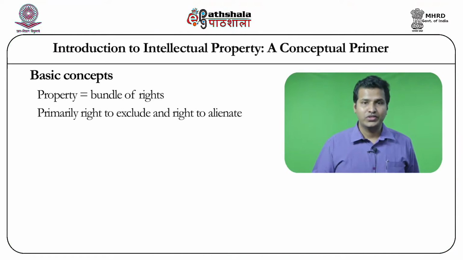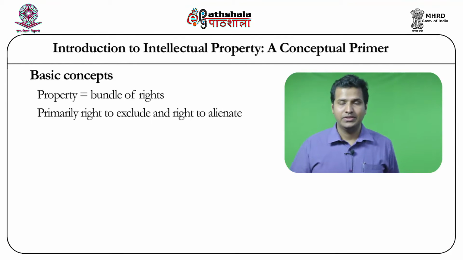So property as a bundle of rights primarily has two components: the right to exclude and the right to alienate. If you understand the right to exclusion, it basically has to deal with your right to exclude others or third parties from making, using, selling, reproducing, importing, offering for sale, distribution, and the concept of the right to alienate includes the specific rights relating to sale, distribution, and transfer.